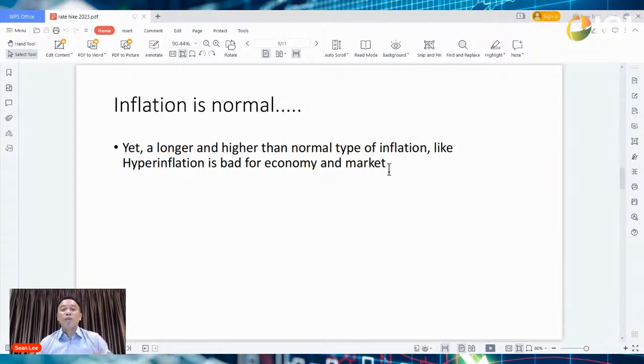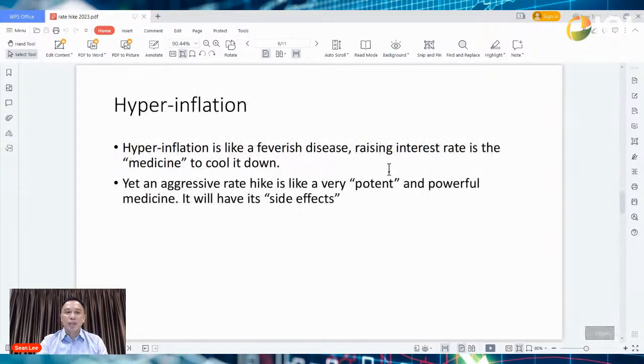Just like when you have a higher than normal body temperature, it may damage your other organs. So aggressive cures may be taken, aggressive steps may be taken to address the issue. So hyperinflation is like a feverish disease.